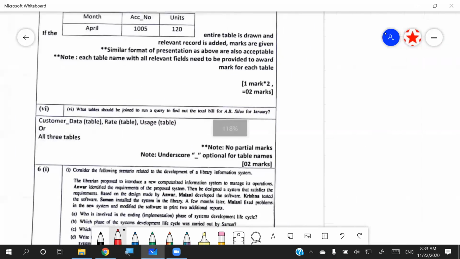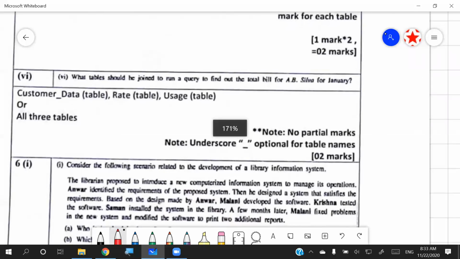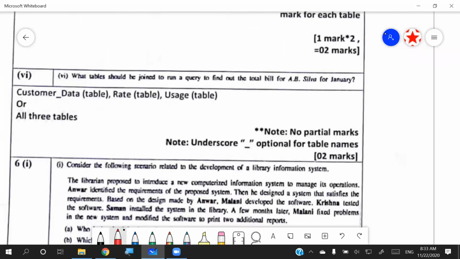Yeah, see, it says all three tables: customer data table, rate table, and usage table. Right, so 2 marks for that. So you can sum up how many marks out of 10.